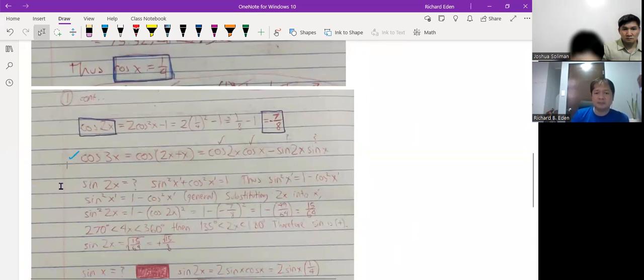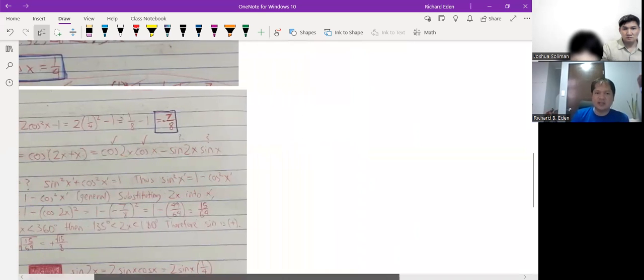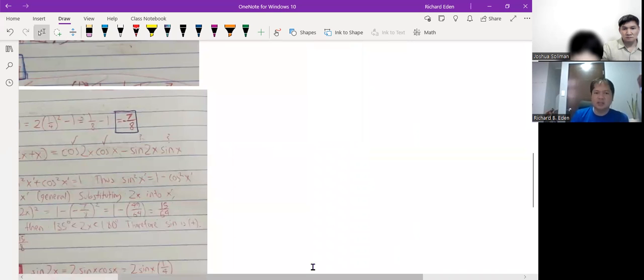Your solution necessitates trying to figure out the sine of x and also the sine of 2x. Figuring those things out is not overly complicated, but let me show you this alternative.